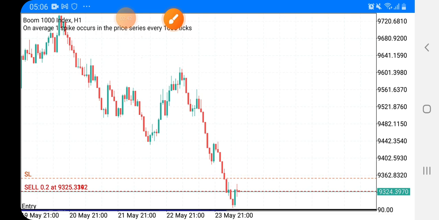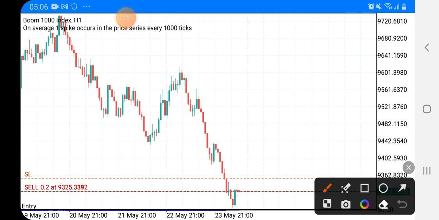You can do this maybe using 15 minutes, 30 minutes, or 5 minutes, maybe on volatility, currency pairs, or anything, step index. But when it comes to boom and crash, please don't use. What I'm saying is, I know what I'm saying, and I've traded boom and crash for a very long time. I know what I'm saying.